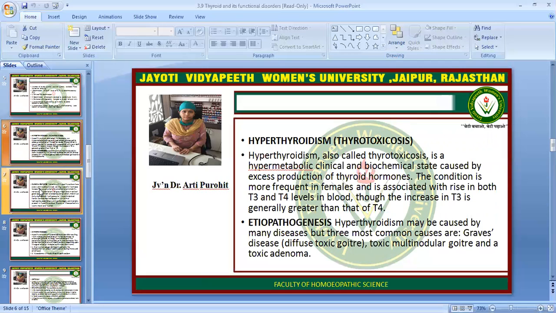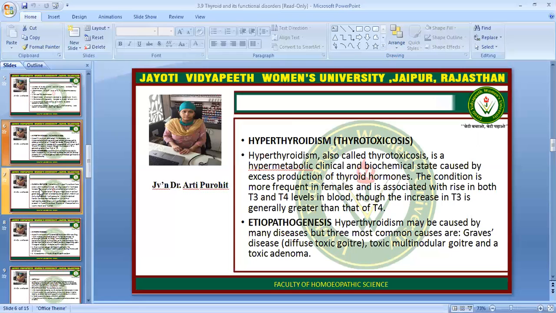They are the hyperthyroidism first, which is also called the thyrotoxicosis. Hyperthyroidism, also called thyrotoxicosis, is a hypermetabolic clinical and biochemical state caused by excess production of thyroid hormone.